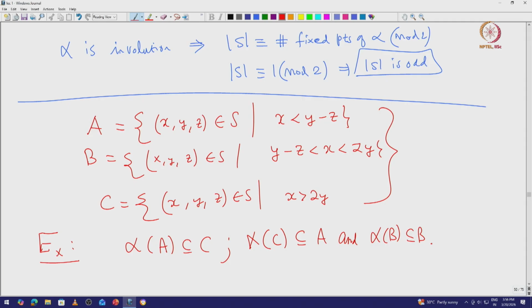And alpha composed with alpha is nothing but the identity on S. Okay. One can directly check this. Maybe I will check one of them and then leave the remaining things to you to check. Okay. So, let us check that alpha of A is a subset of C.